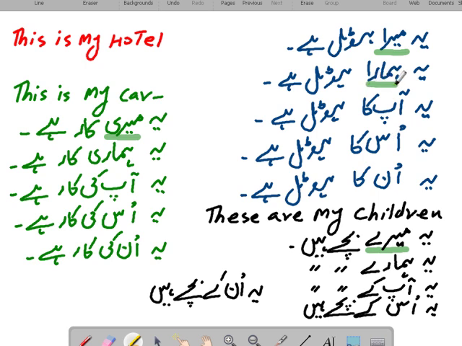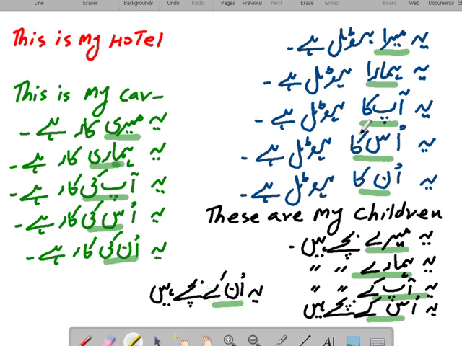Likewise हमारा होटल, हमारी कार, हमारे बच्चे, our children. आपका होटल, आपकी कार, आपके बच्चे. उसका होटल, उसकी कार, उसके बच्चे. And उनका होटल, उनकी कार and उनके बच्चे.